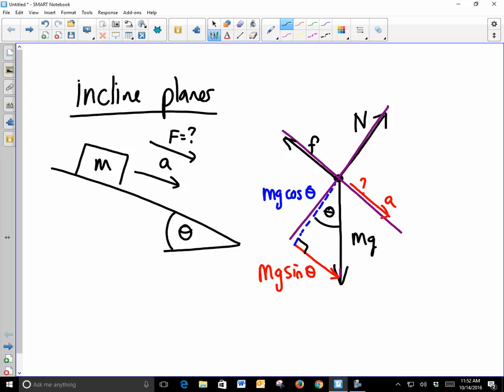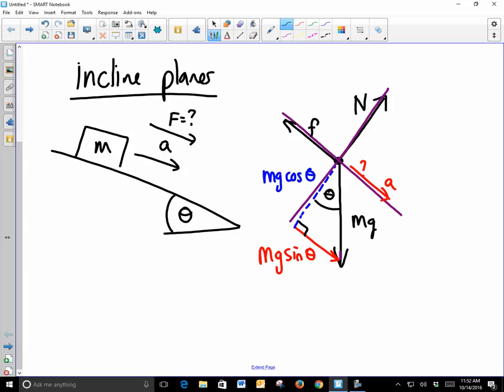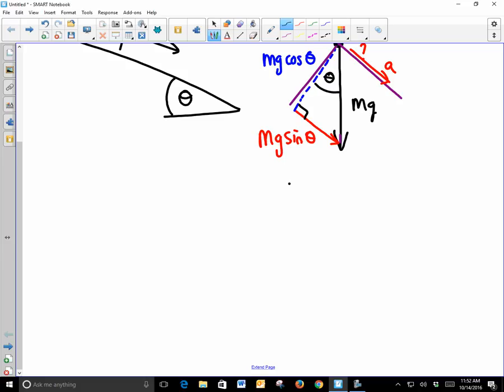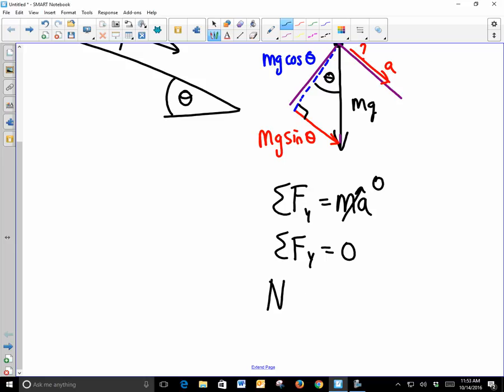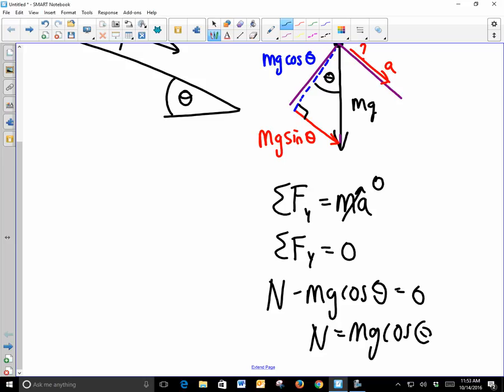We can show that in the y direction, the acceleration is 0. So we have the sum of the forces in the y equals 0. Normal force minus mg cos theta equals 0. So normal force is equal to mg cos theta.